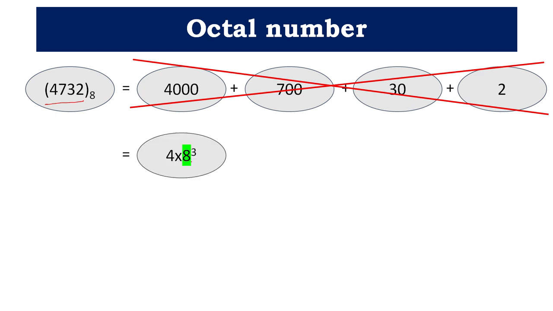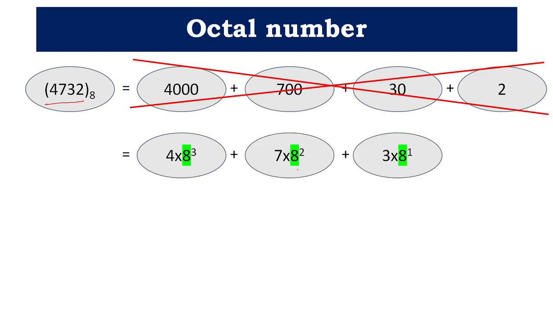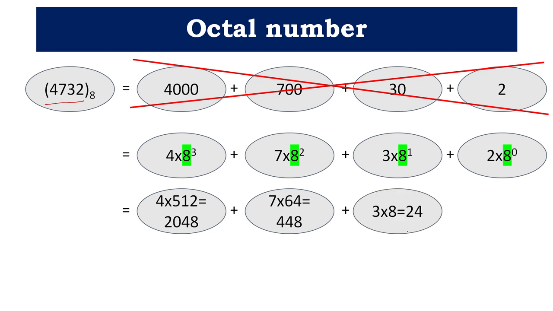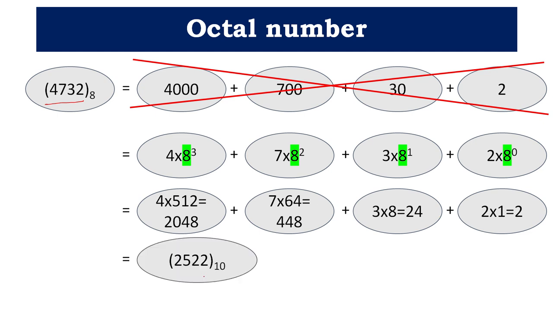Instead 4 has got a weightage of 8 power 3, and 7 has got a weightage of 8 power 2, 3 has got a weightage of 8 power 1, and 2 has got a weightage of 8 power 0, and hence the value of digit 4 is 2048, the value of digit 7 is 448, the value of digit 3 is 24, and the value of digit 2 is 2, and hence this octal number will be having its value equal to 2522 in decimal system, and hence we have the radix 10 here, indicating that this is the decimal equivalent of the octal number 4732.